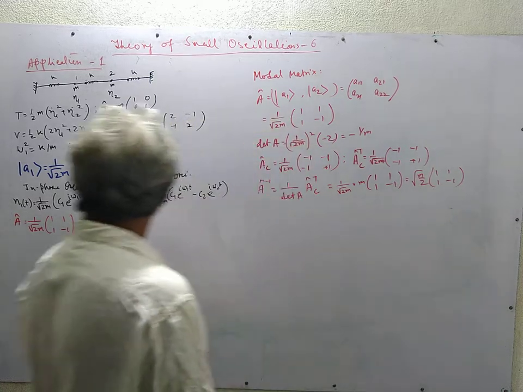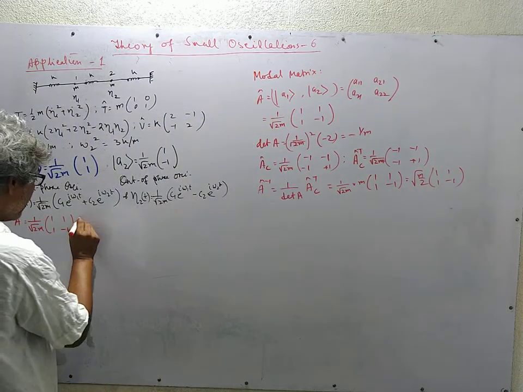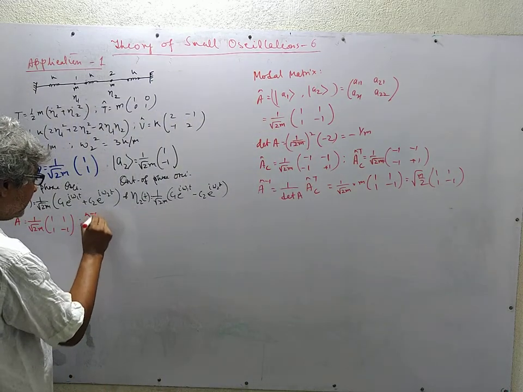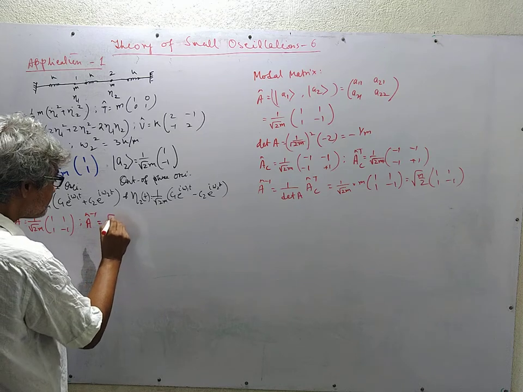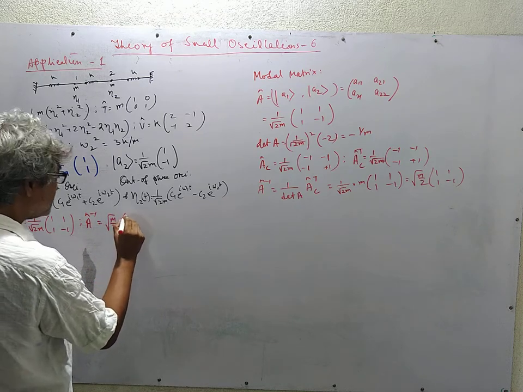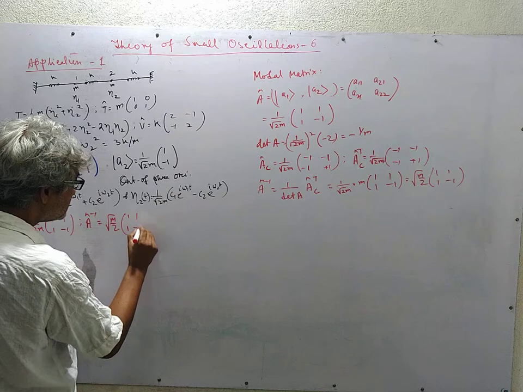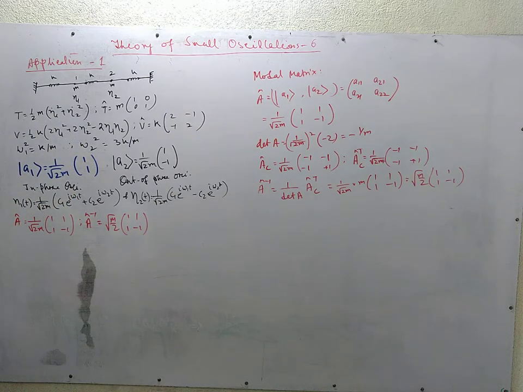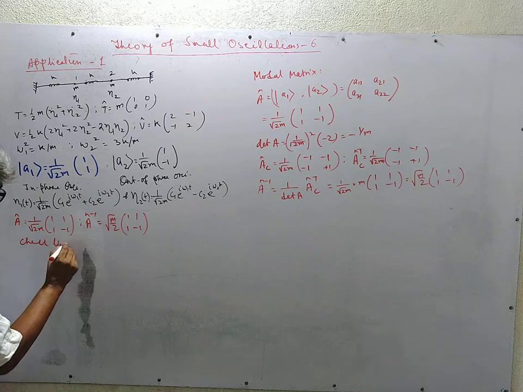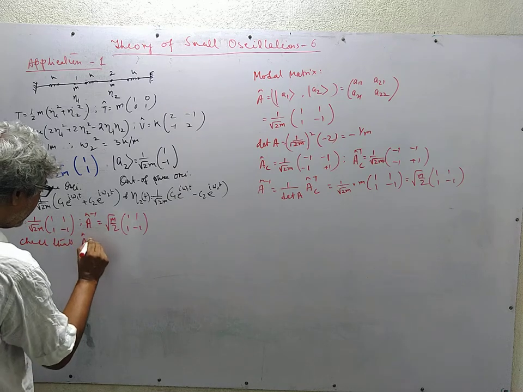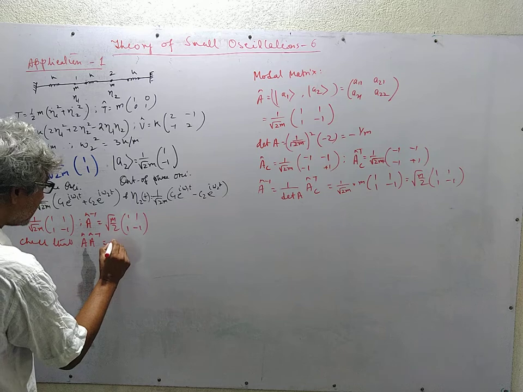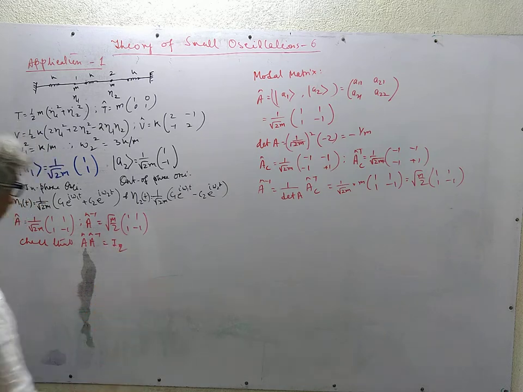This is the inverse of A. You can check that A times A inverse is the identity matrix of order 2.